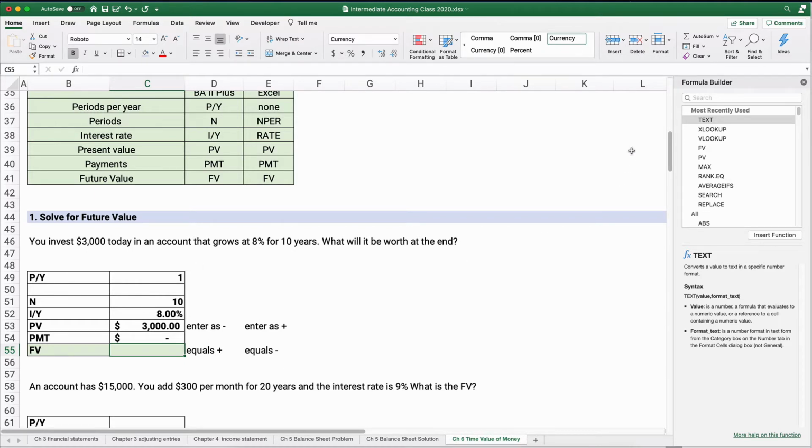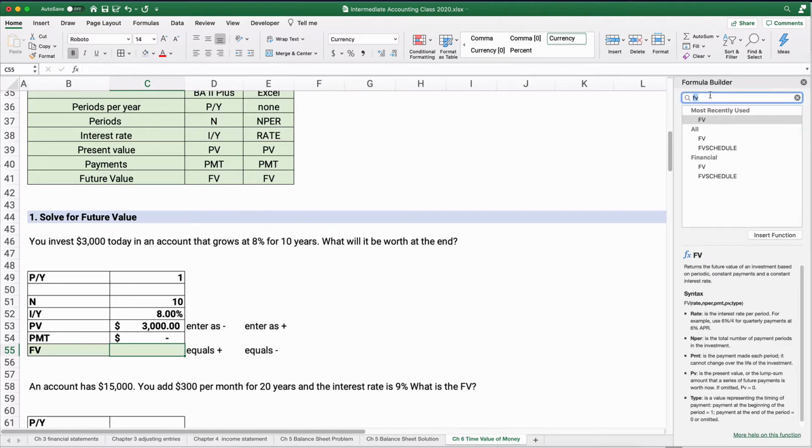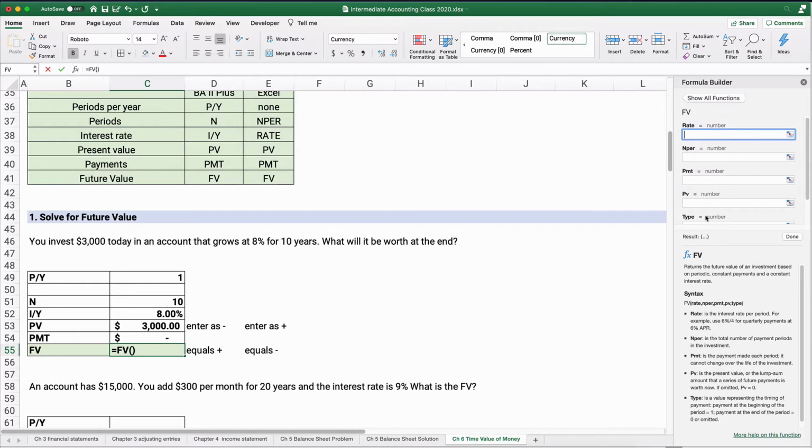Now, I'm going to use the formula builder here. So I'm going to look for future value, just so you can see what's going on. Now, here's what we have. We want the rate, and I'm going to divide it by the periods per year. Now, divided by 1 is not going to be very helpful, but we could change this, and I'll do a little what if on it. The number of periods is going to be 10. The payment is 0. The present value is 3,000.